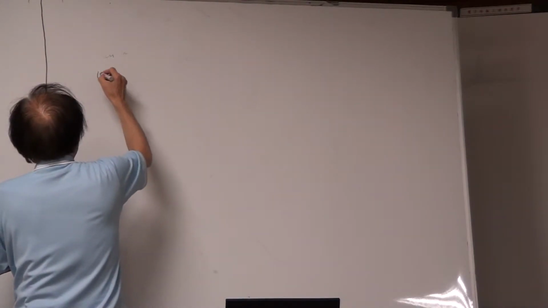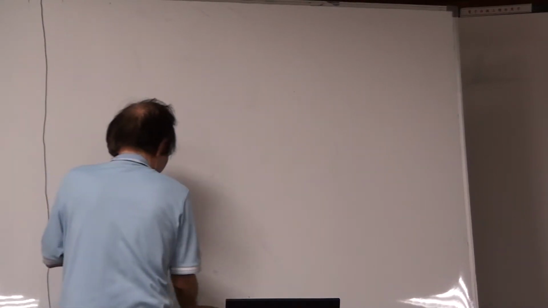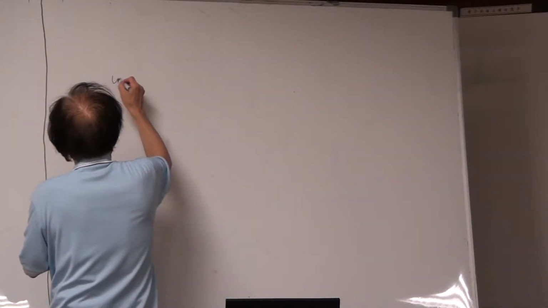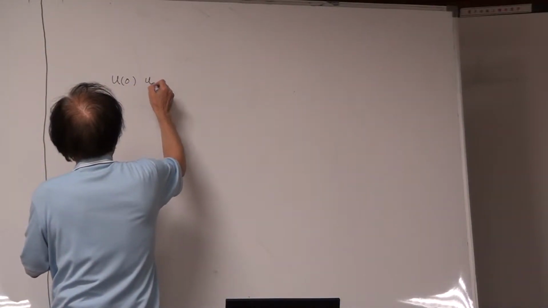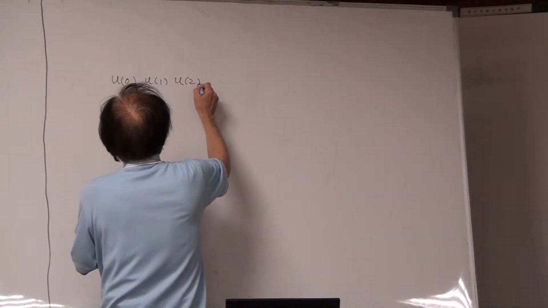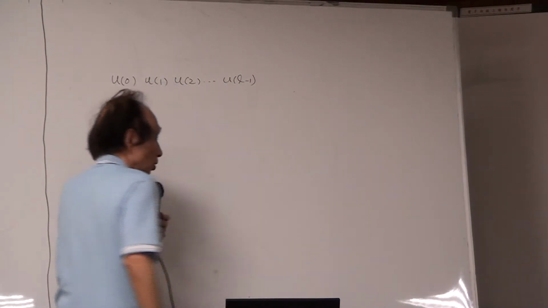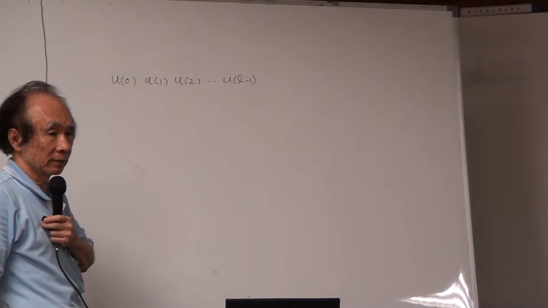The same thing, U. Let's look at U0. Now, the same thing, we have U0, U1, U2 to UL minus 1. Now, U is your input.